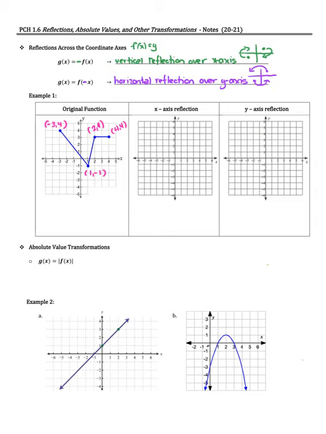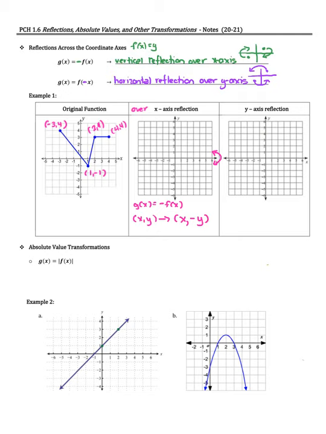So in this first one, if we are reflecting over the x-axis, that means we are doing g of x equals the opposite of f of x. So we are doing a vertical translation. As a rule, if you remember way back from geometry when we did our reflection rules, this is the same as keeping your x the same, but the y is now going to be the opposite of whatever it was.